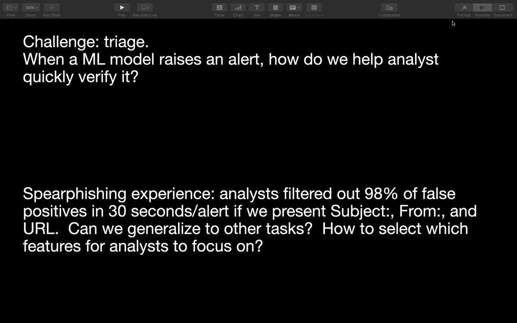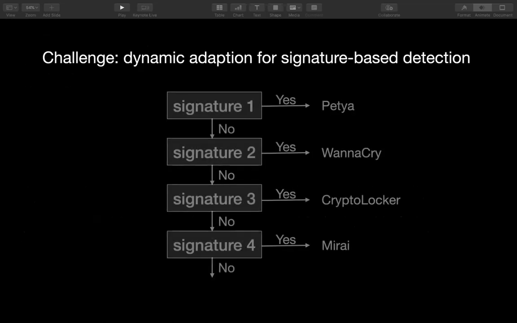All right. Let me move on to signatures. Signatures are so widely used in industry. I think that as a research community, we ought to be looking at how to make signature-based systems more effective too.